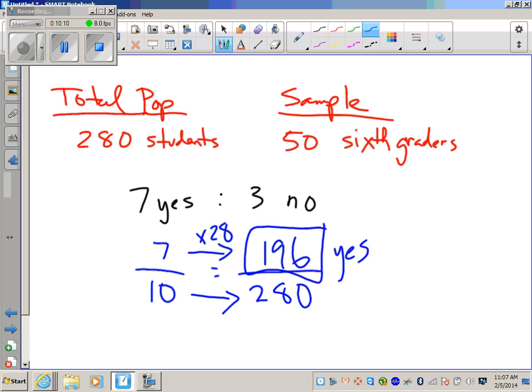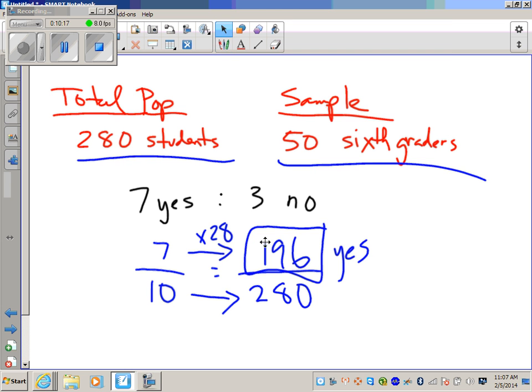In other words, if you've got 280 students in your school and you took a random sample of 50 sixth graders, is that a valid conclusion to make? Frank, why? It's only sixth graders.